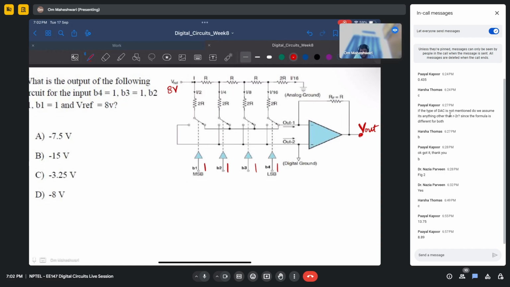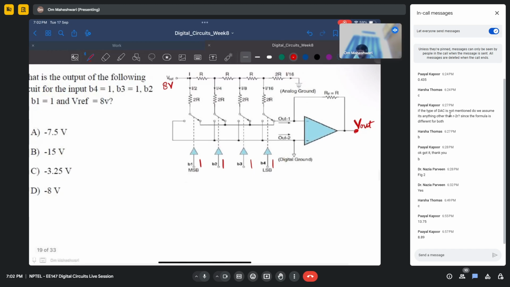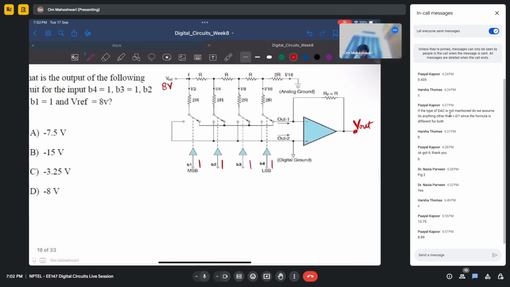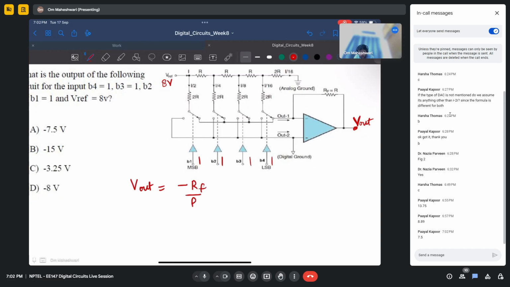So for op-amp circuits, this is an inverting op-amp configuration, negative feedback. So Vout is always minus Rf by R, let's call it Rx, into Vin.